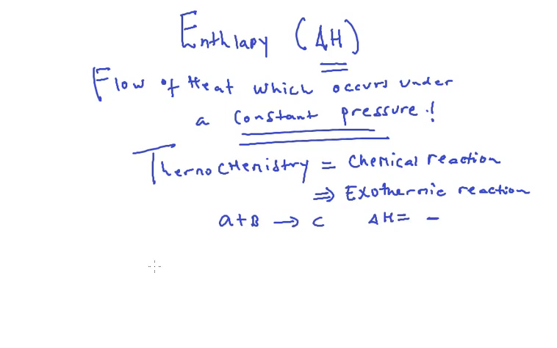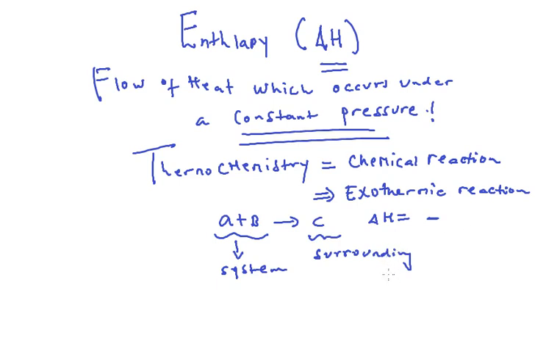So that's called an exothermic reaction. Whereas sometimes some reactions absorb heat. Let's say if this is the surrounding or the outside, and this is the inside, we call it the system. If the system provides heat to the surrounding, that's called an exothermic reaction.